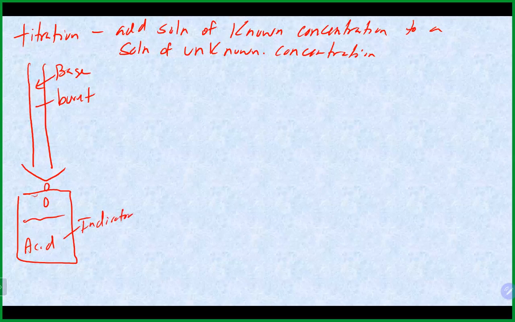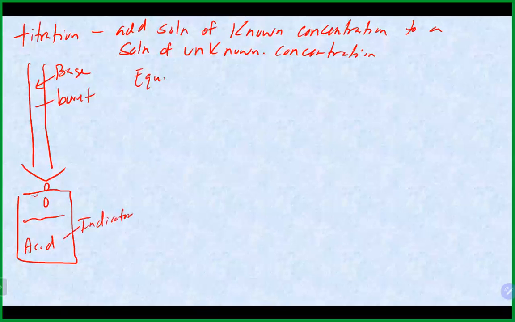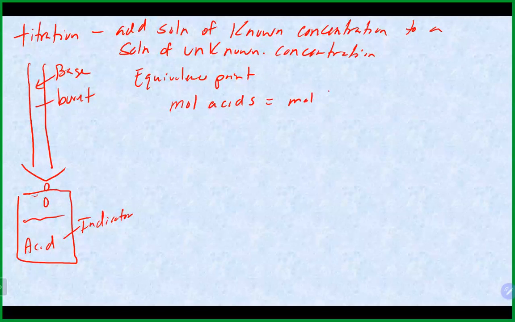And an indicator is used to help us determine really when to stop the titration. And the place that we typically want to stop the titration is what is referred to as the equivalence point. And in an acid-base titration, at the equivalence point, the moles of acid will equal the moles of the base.